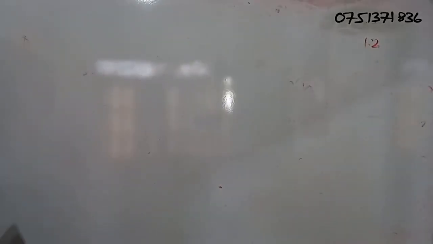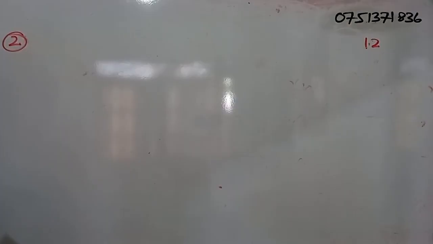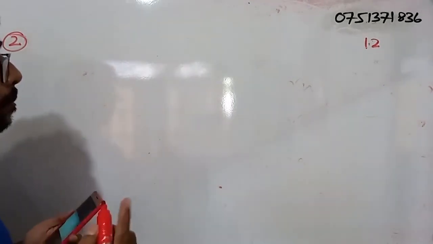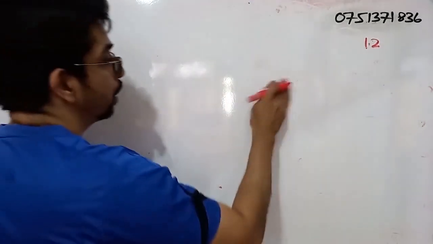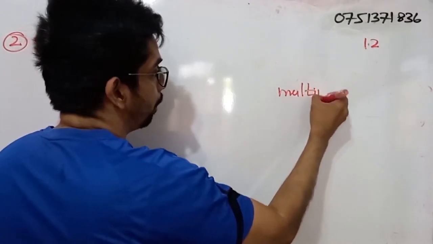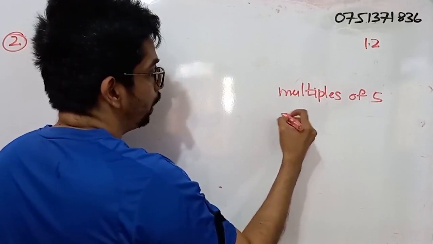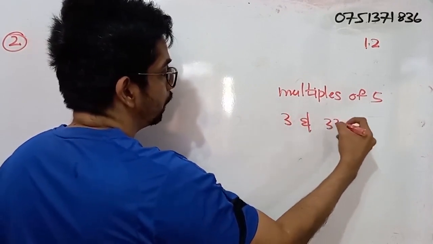We are in exercise 1.2. This is question number 2. Write the number pattern of the multiples of 5 between 3 and 33 written in ascending order. Right? So what are the limitations? We have to write the number pattern of multiples of 5 between 3 and 33.